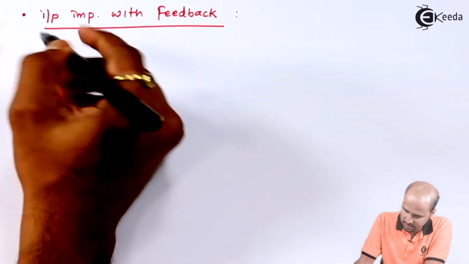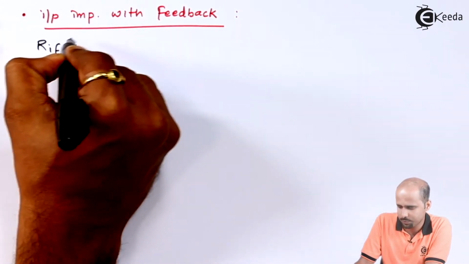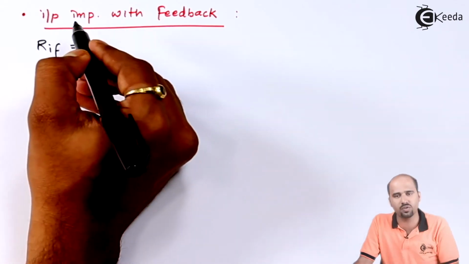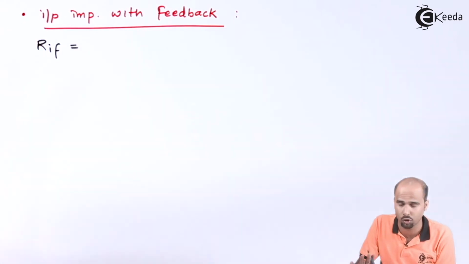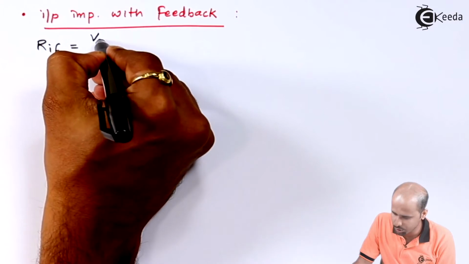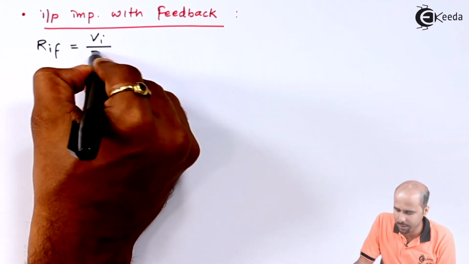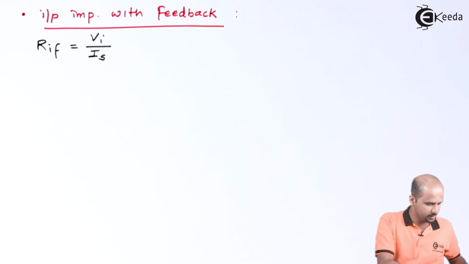I will note that RIF is nothing but the input impedance with feedback. Here your current is the source at the input side, it's not a voltage, so RIF is related to VI divided by IS. See this figure.